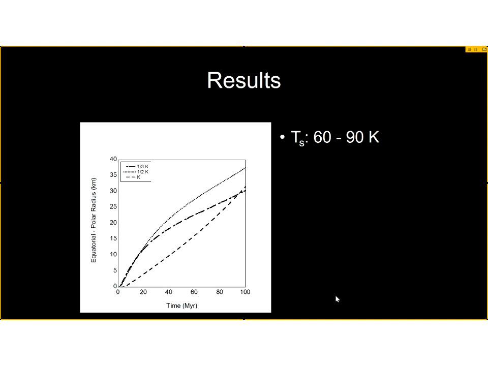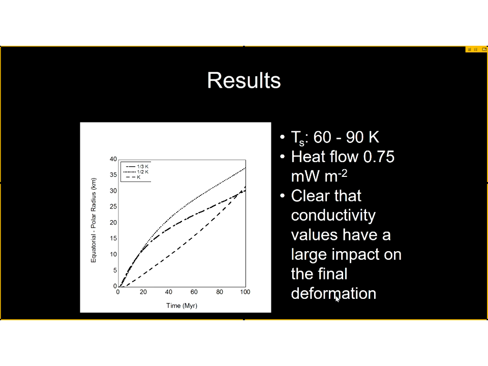And then we can also look at what the conductivity does to it. This is heat flow of 0.75, so the conductivity values seem to be playing a large role in the final deformation.